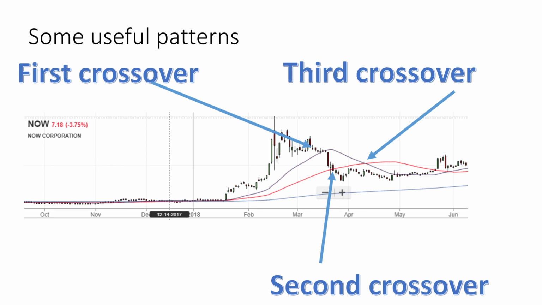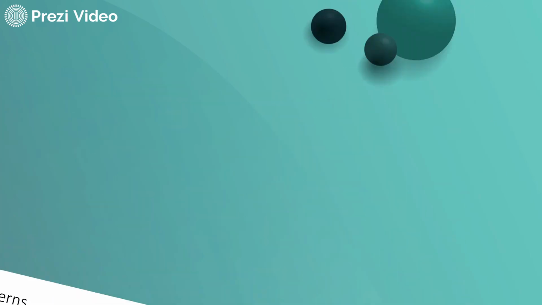Bumaba na si price sa 50-day moving average, and then the third crossover happened when the 25-day crossed the 50-day average. Dito sa point na to, hindi pa siya nagko-crossover sa 200-day long-term moving average. But this is a bad signal for Now Corporation during the time they're very much speculating on the Now Corporation. Okay, so that's it.